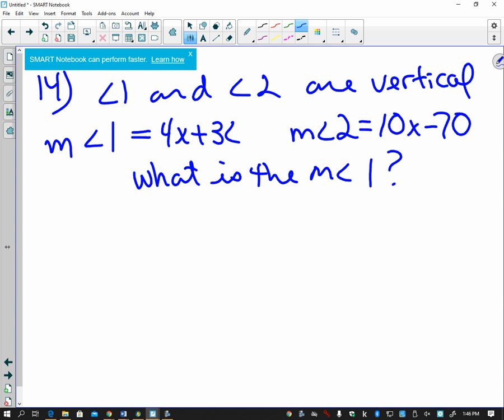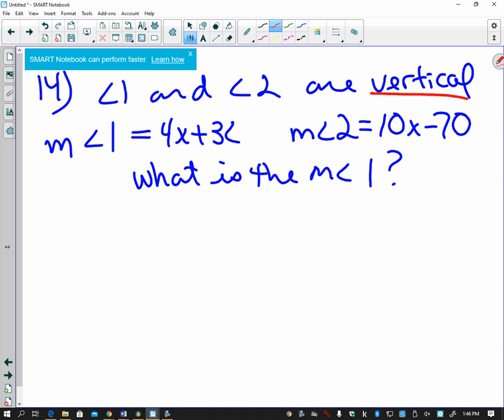That's an important part of the question because we're going to have a tendency to solve for X and stop. All right? Big hint off the beginning is what word? Vertical. Right? Vertical means what? Vertical angles are up and down from each other or side to side from each other.